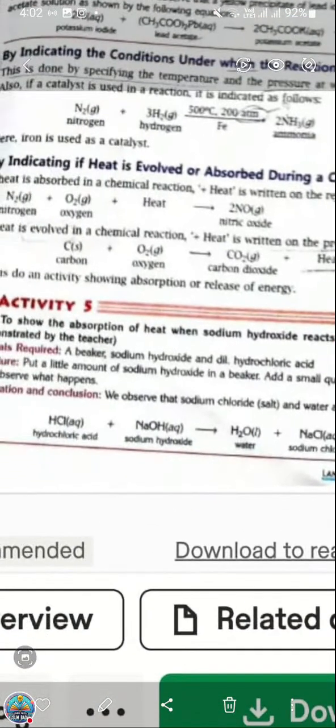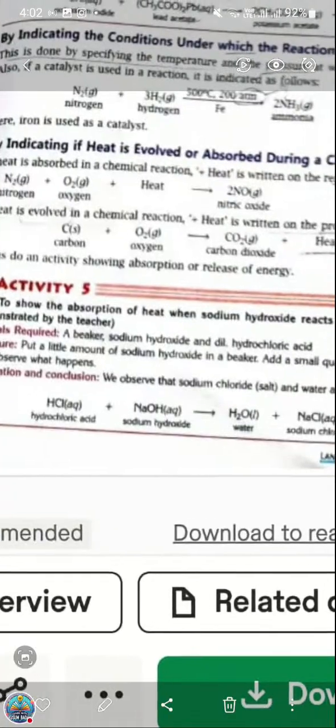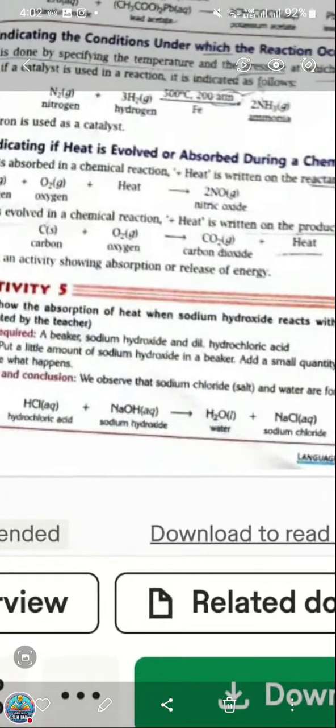Now next topic, indicating if the heat is evolved or absorbed. Now there are 2 types of reaction depending on heat evolved or heat absorbed. If heat is given out during the reaction, and if the container is becoming hot, we call that an exothermic reaction as heat is given out.